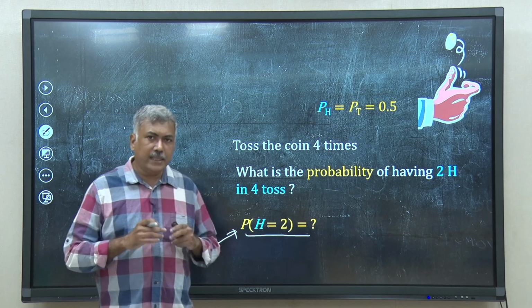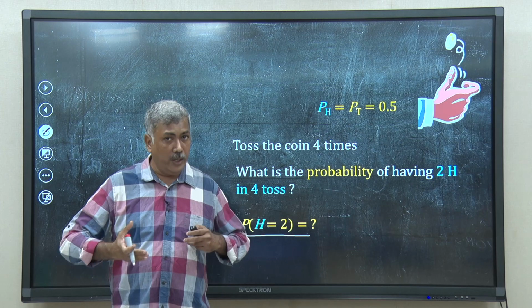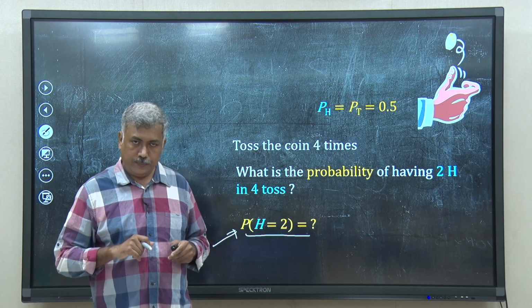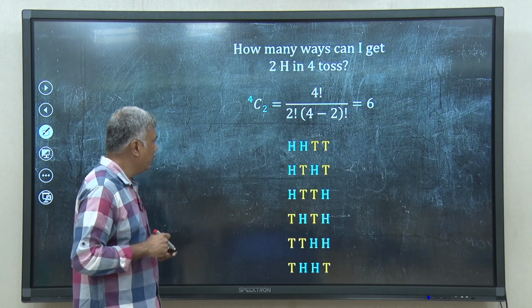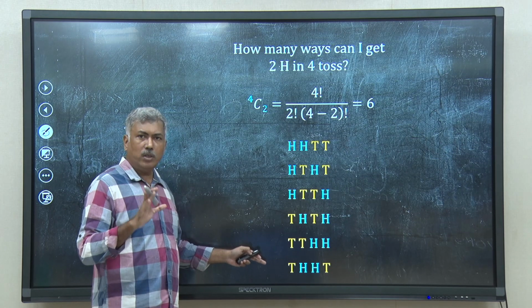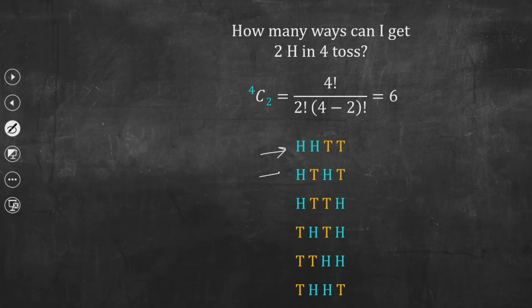Now to answer this question, the first thing I have to do is to calculate how many ways I can get 2 heads out of 4 coin tosses. So let us check that. I have listed the ways by which I can actually get 2 heads out of 4 coin tosses. Those are 6: HHTT, HTHT, HTTH and so on, these are sequences of coin tosses, right.